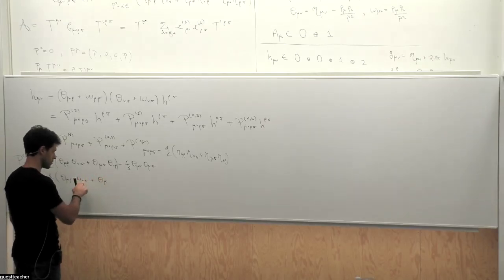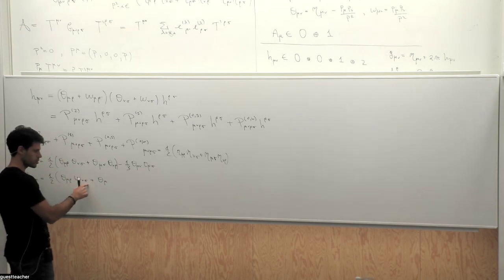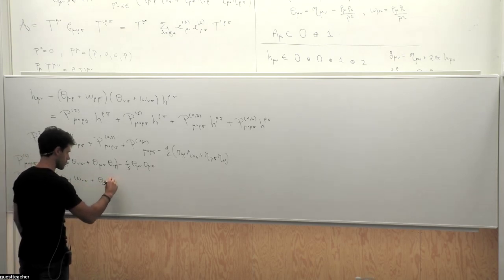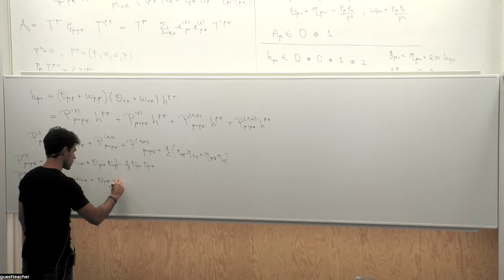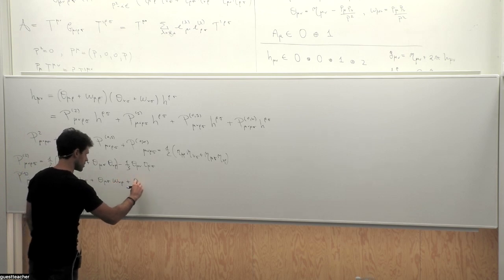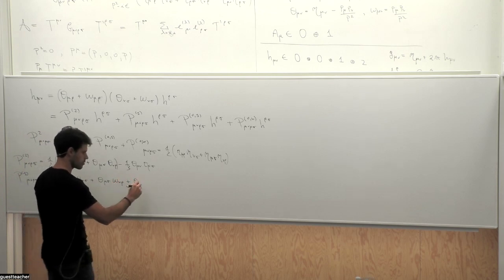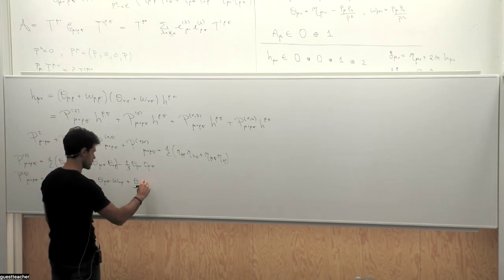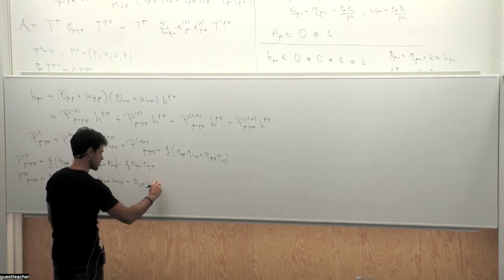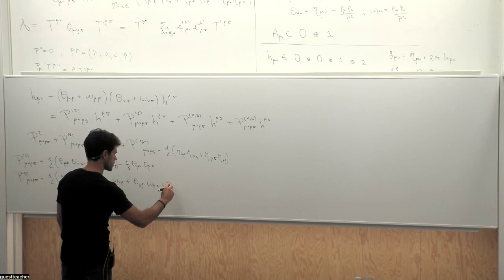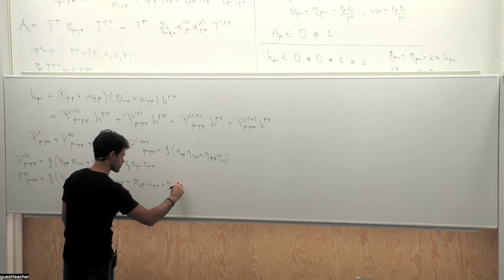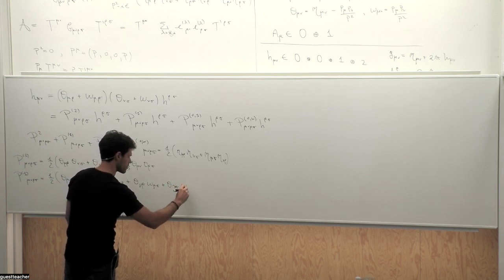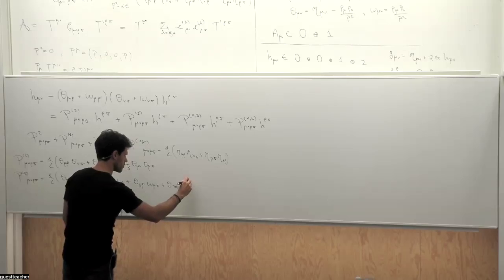You have theta omega with this combination into mu rho nu sigma, then you have mu sigma nu rho, plus theta, and you change mu and nu like this, and plus you have the other, changing now rho and sigma. Voila.